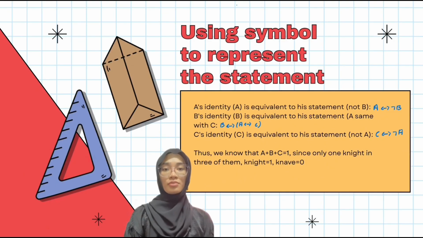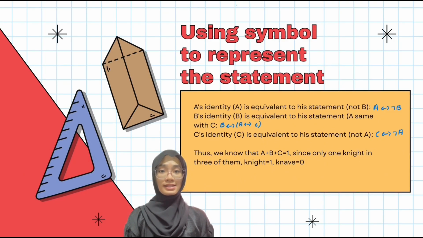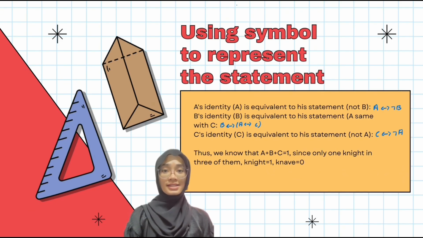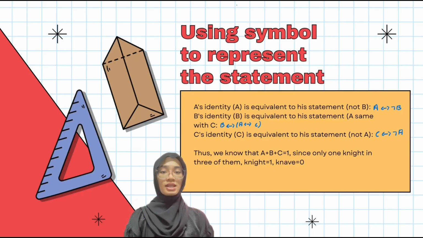Thus, the logical symbol is A is equivalent to not B. Meanwhile, B's identity must match the statement A and C are the same type, which means B is equivalent to A same as C. C's identity must match the statement A is a knave, which is C is equivalent to not A. Thus, we get the equation A plus B plus C equals 1, since there is only one knight among the 3 of them. After representing the statements logically, we can compare them with each person's identity and continue solving the puzzle step by step.